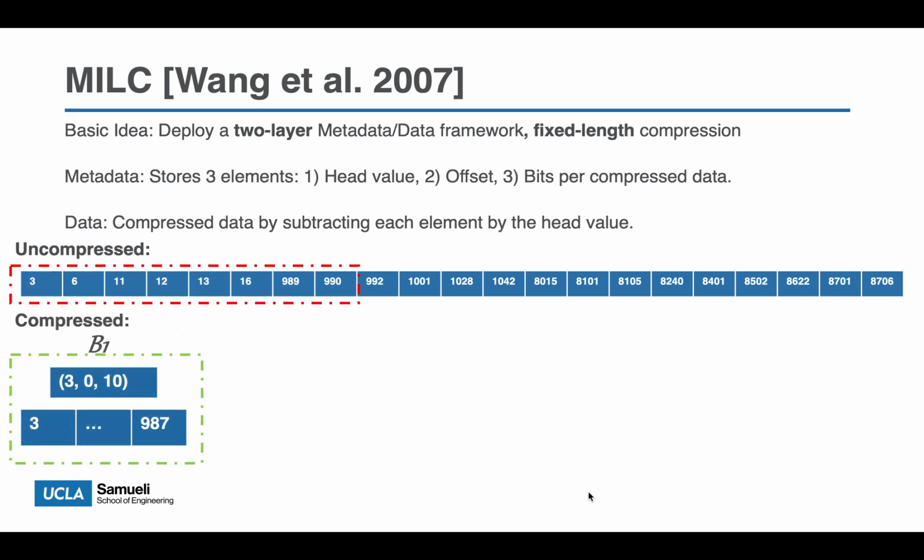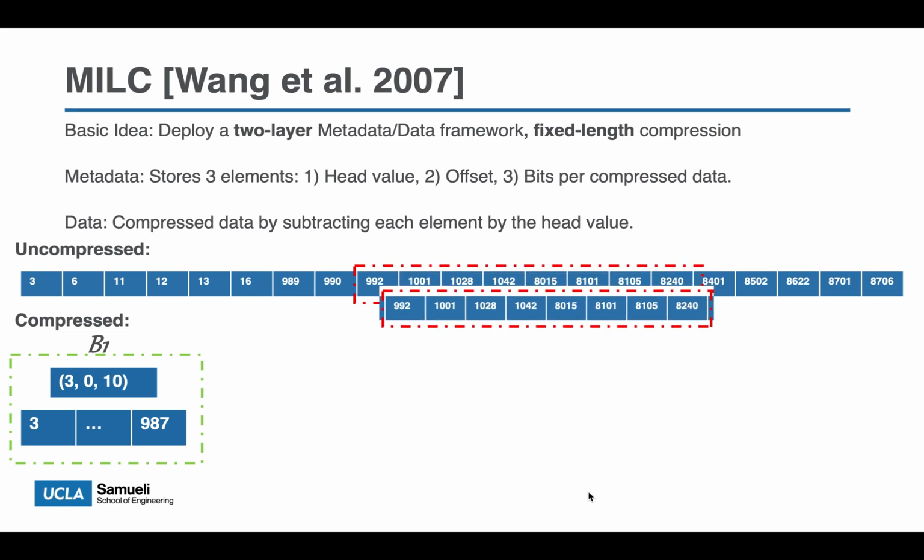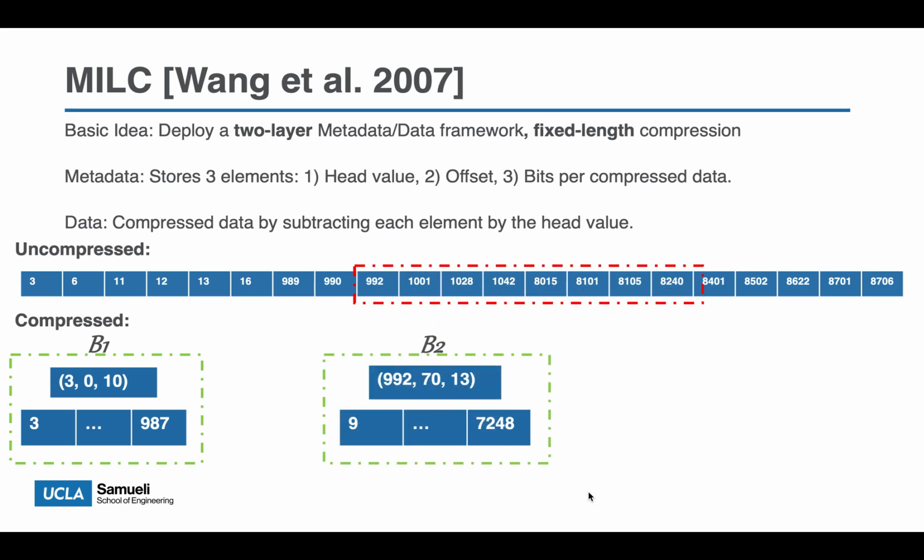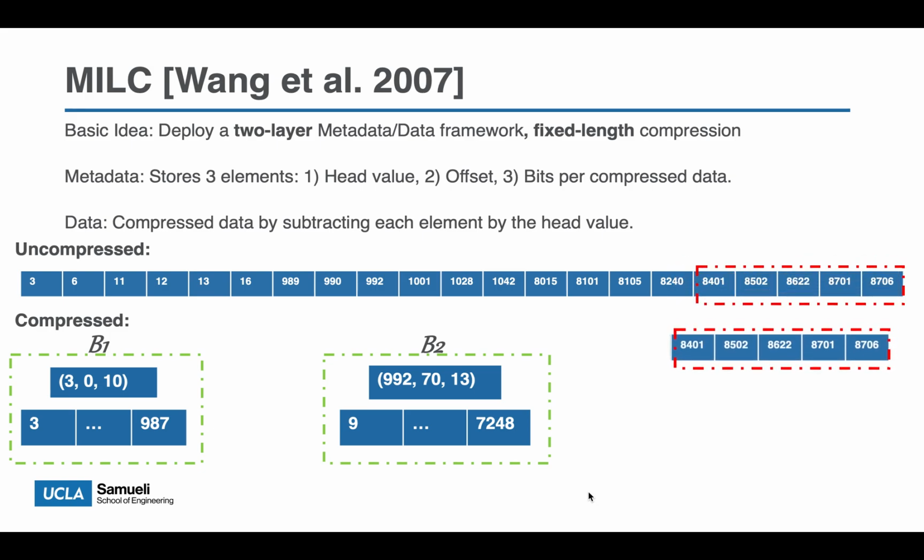The 3 here denotes the head value because it's starting from 3, and 0 is because it's the first compressed block. And 10 here denotes that now each element in the compressed block only takes 10 bits instead of 32. Now we roll our window forward and we store another 8 elements together into B2. And we move the window forward again, and note that now we only have 5 elements left instead of 8. So we just store the rest as the final block B3.